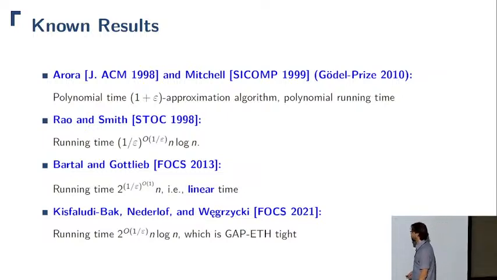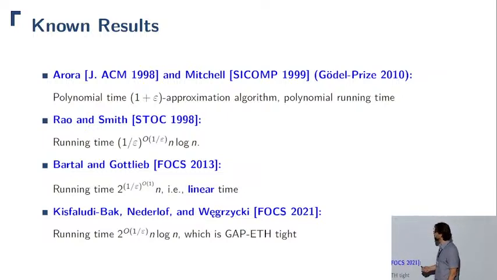Then in 2013, Bartal and Gottlieb got the first linear time algorithm. The running time is rather bad with respect to epsilon, but they made a big leap forward by having only n in the running time instead of n log n.